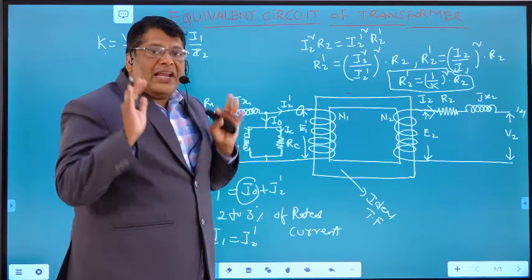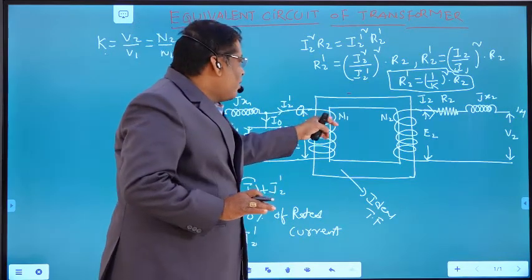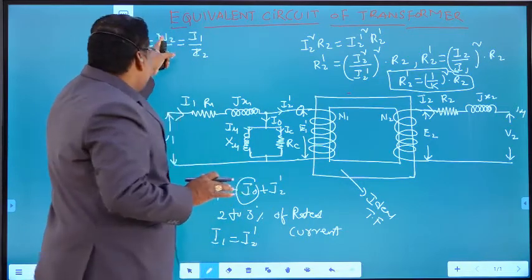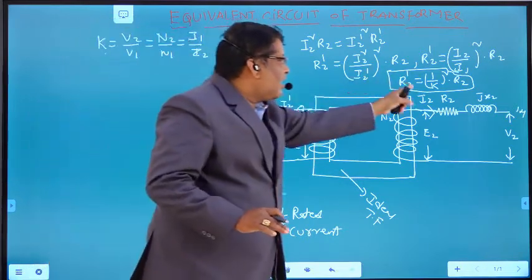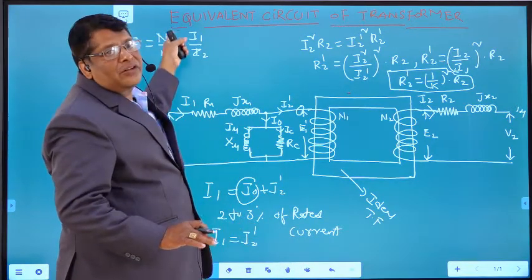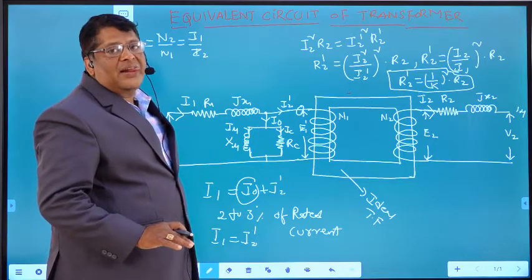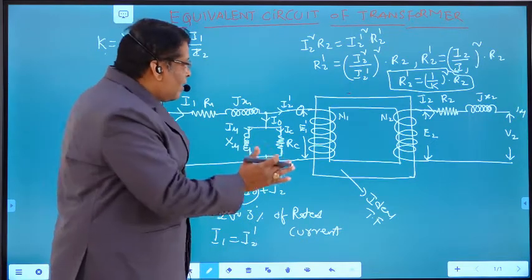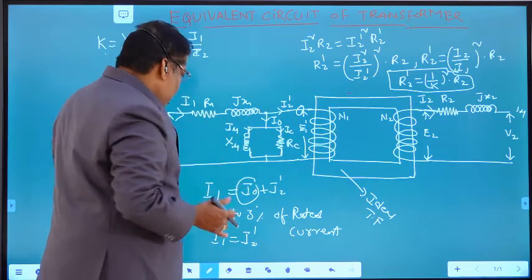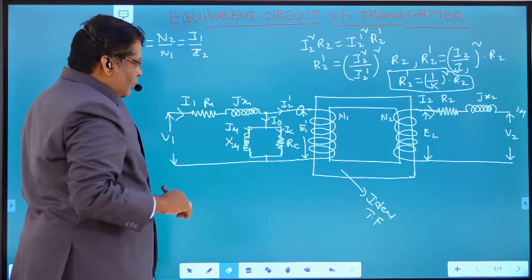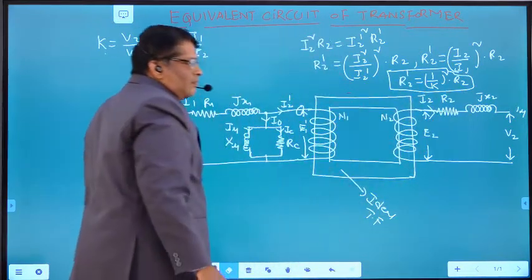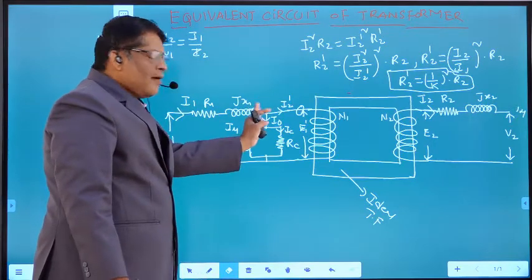It is highly dependent on the number of turns in the primary winding as well as the secondary winding, because it depends on K, and K depends on the number of turns in the primary and secondary windings. In that manner, you have to transfer the secondary elements to the primary. In the same manner, we transfer the reactance to the primary.